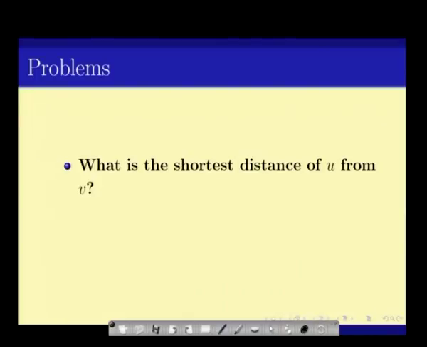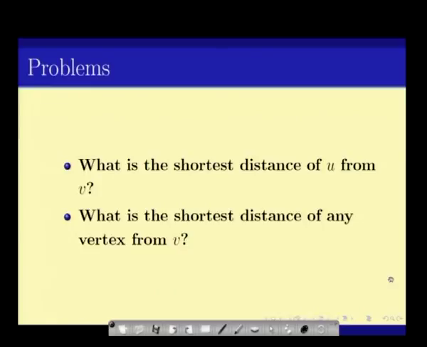The question is, what is the shortest distance from u to v? So, I give you a vertex u and a vertex v, and I ask what is the shortest distance from u to v. Also, what is the shortest distance from any vertex to v? It is something like on the railway lines: if you have noticed carefully, beside the tracks they have a post which writes down the distance from that point to the nearest big station.